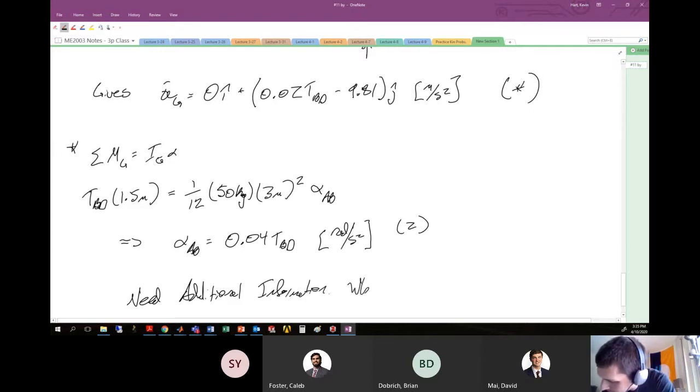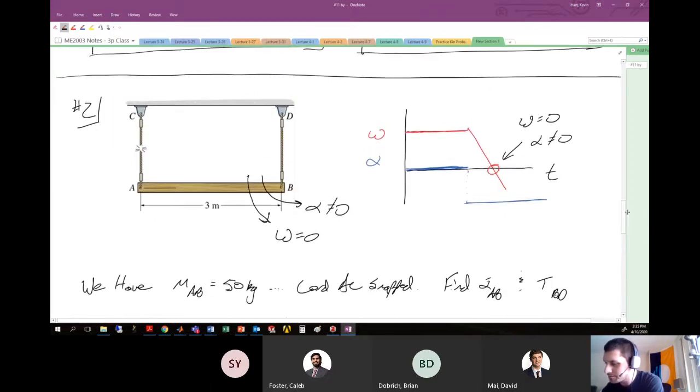So what do we know? Well, if we come back up to this picture, right when this thing snaps, or really any time that this thing is moving, one thing I do know for sure is this point here is not moving.